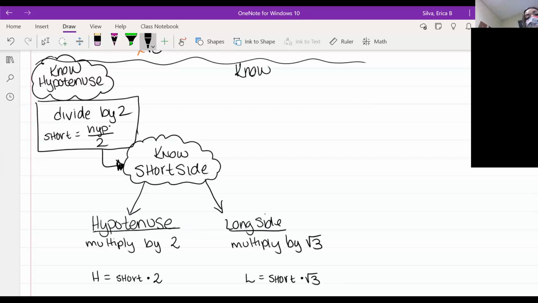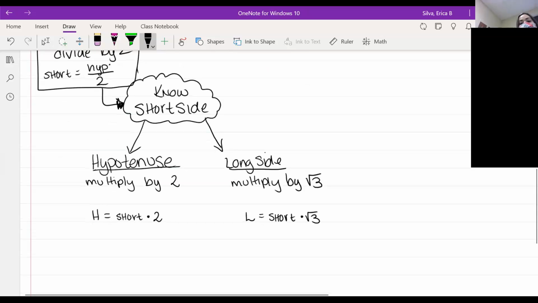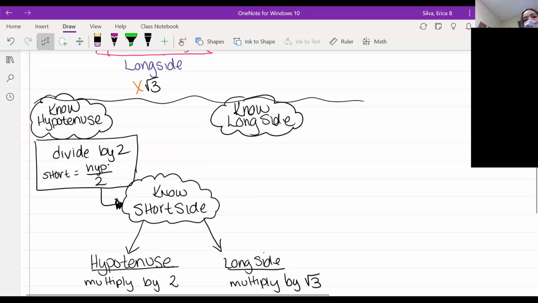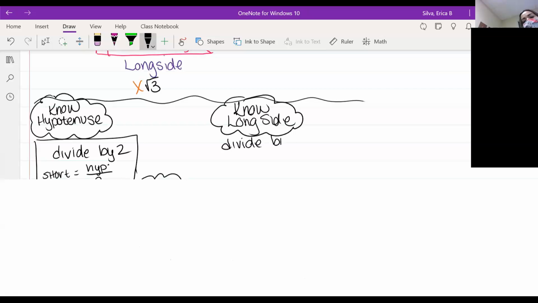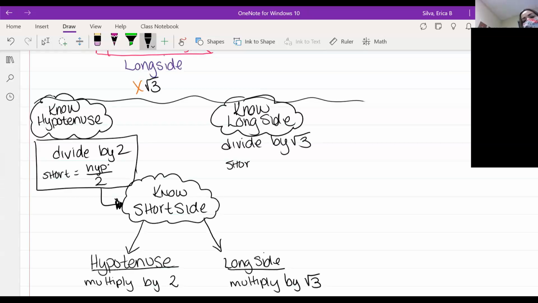Now, what if we know the long side? Well, if we know the long side, instead of multiplying by the square root of 3, we're going to divide by the square root of 3, which means my short side is equal to the long side divided by the square root of 3.